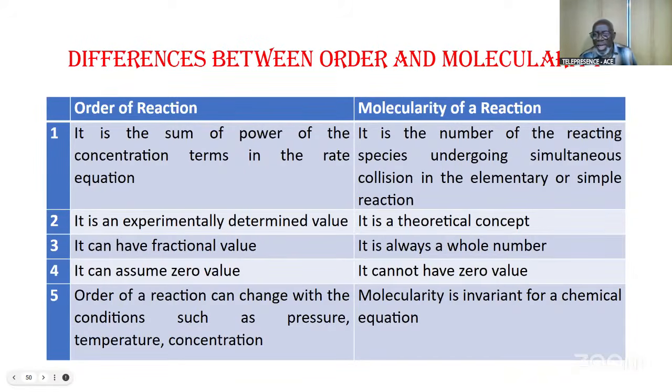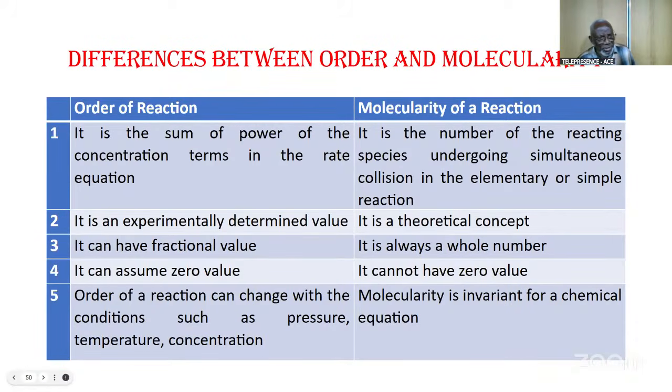Whereas molecularity is the number of reacting species undergoing simultaneous reaction in an elementary or simple reaction. So it's the number of species. That's why we talk about coefficient.